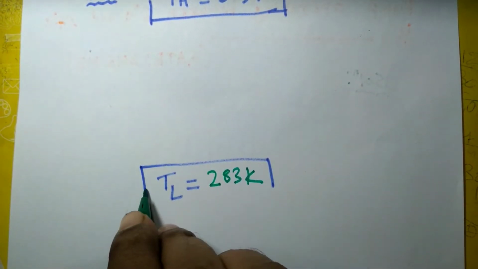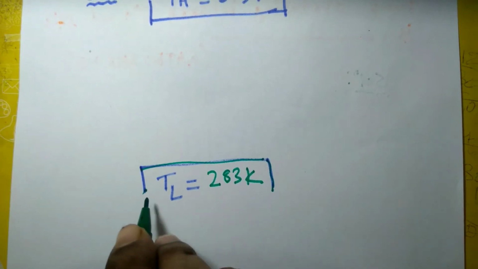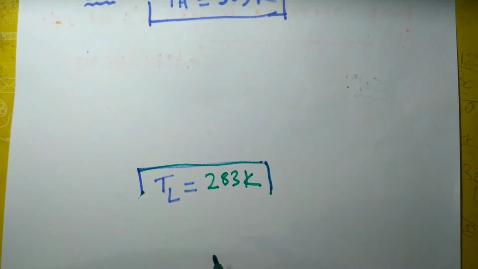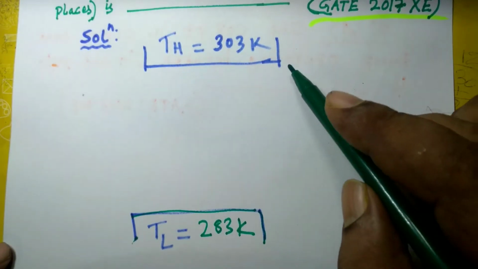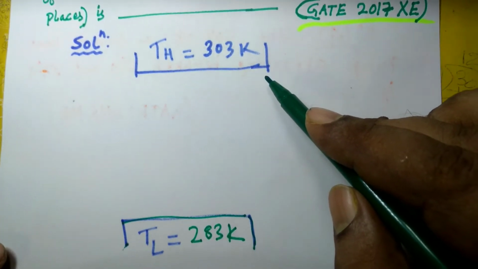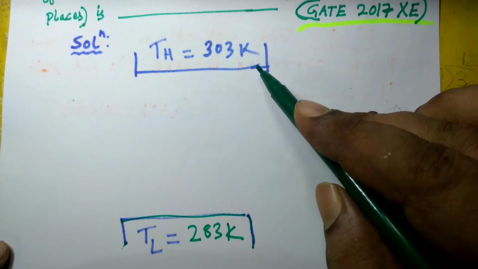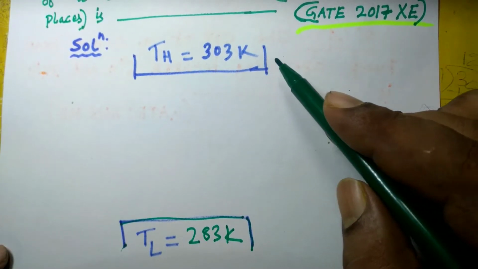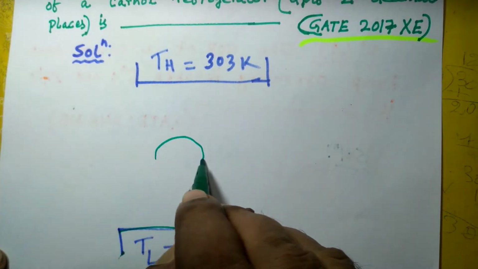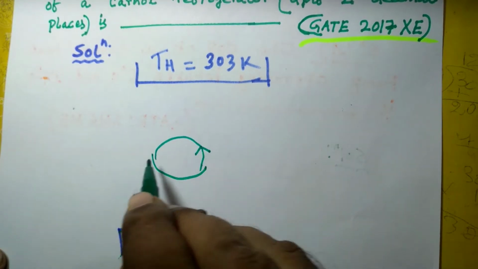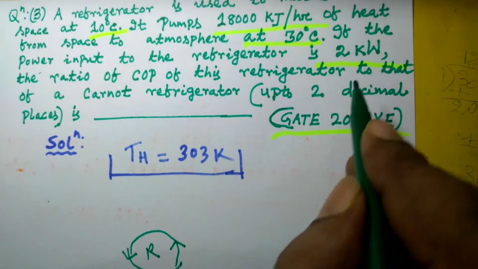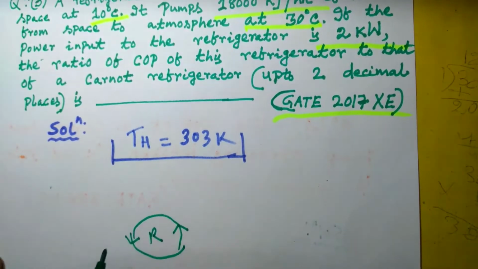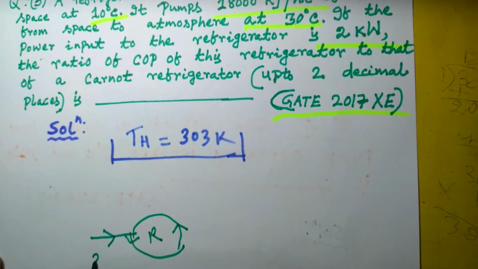This is the space, the temperature of which is to be maintained at 10 degrees Celsius or 283 Kelvin, where the surrounding is at 30 degrees Celsius, or 303 Kelvin, and the refrigerator has to operate. So power input here is 2 kilowatt.